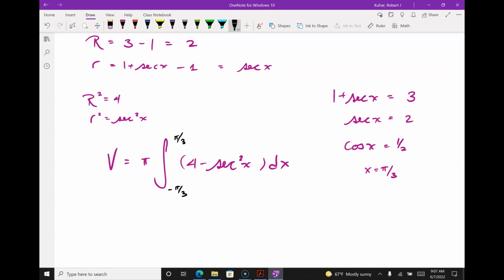So setup is tough. Every time, setup is tough. Their integrals are easy. What's this integral? Do we have it instantly? Well, 4x for sure, right? And what's the antiderivative of secant squared?